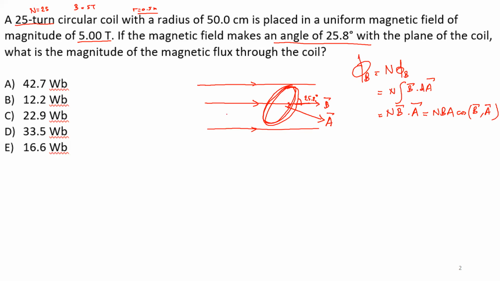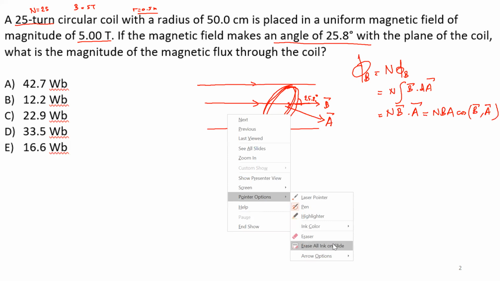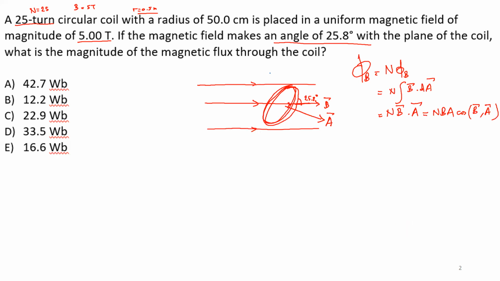Remember, this is the plane of the coil, and the angle between A, this vector here, and the magnetic field is this angle.